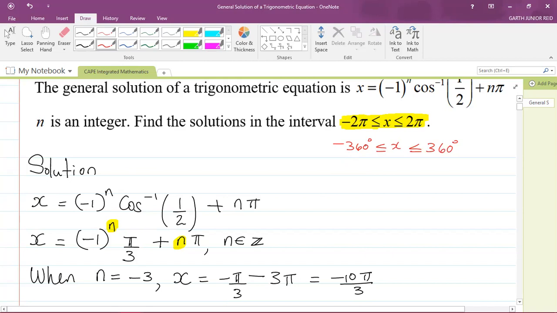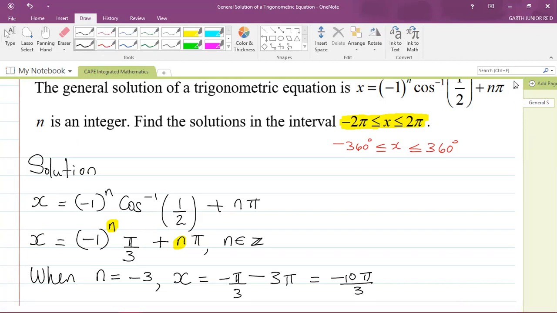That is equivalent in terms of degrees. So what is -10 times pi radians over 3? That is actually -600 degrees, which is outside of our interval.